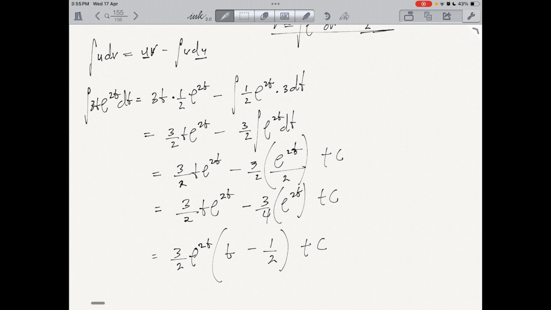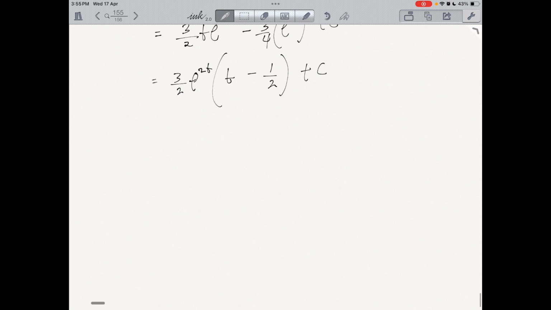Let's take another example. Now we are asked to integrate x squared sine x with respect to x. x squared is an algebraic function, sine x is a trigonometric function.